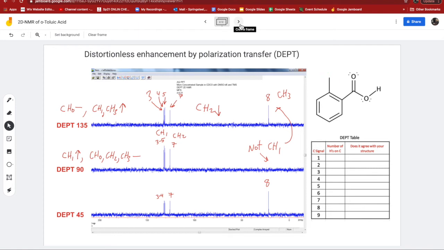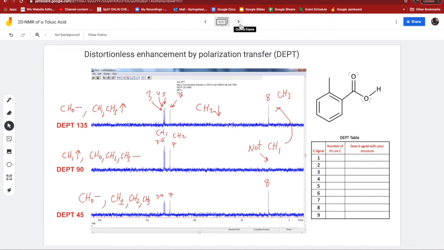Okay, and then this last spectra, the depth 45, is kind of redundant. CH0s don't show up again, but it shows everybody else: CH1, comma, CH2, comma, CH3, point upward.